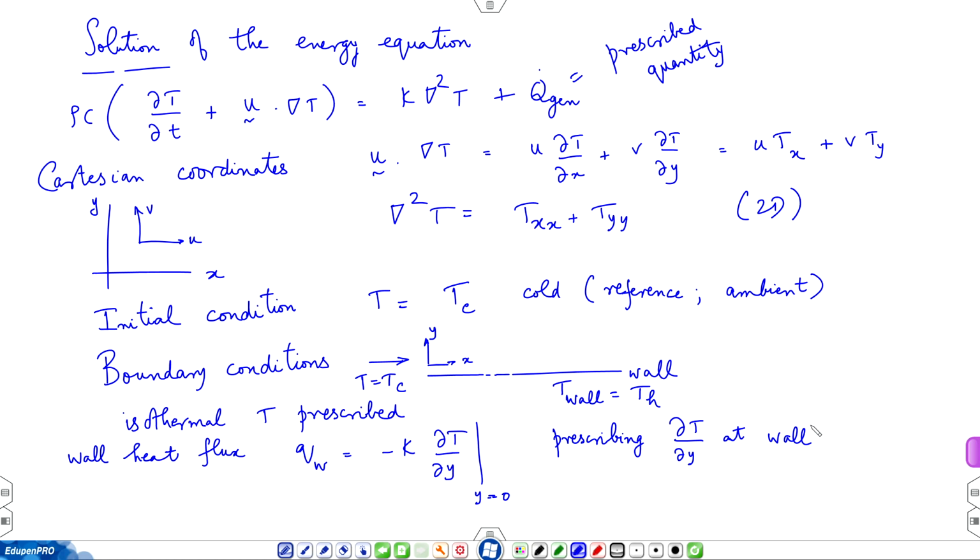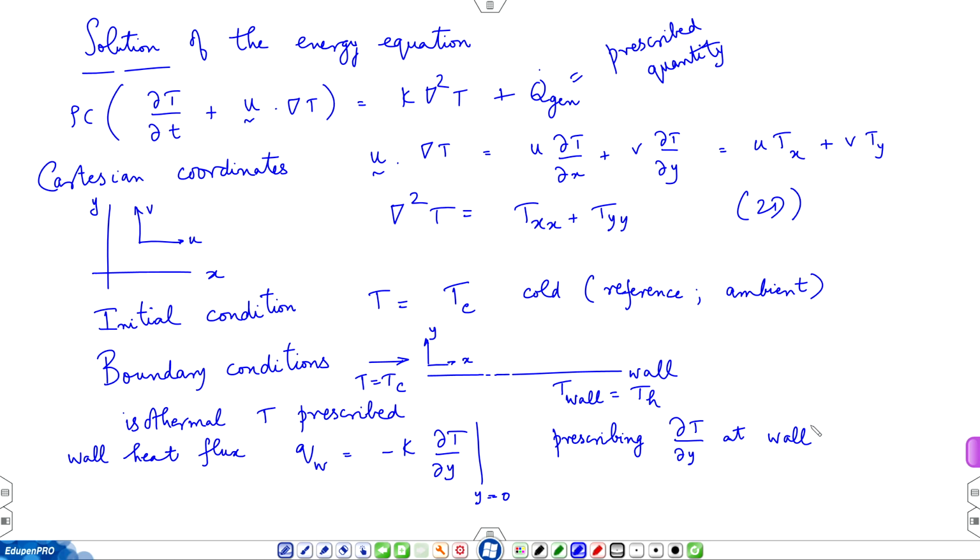So, for example, you may have a hot surface, and below you have maybe a candle flame or a fire. If it is a furnace of a thermal power plant, you will have hot gases inside, you will have coal or methane or oil burning. So, that will impose a heat flux boundary condition on the wall.